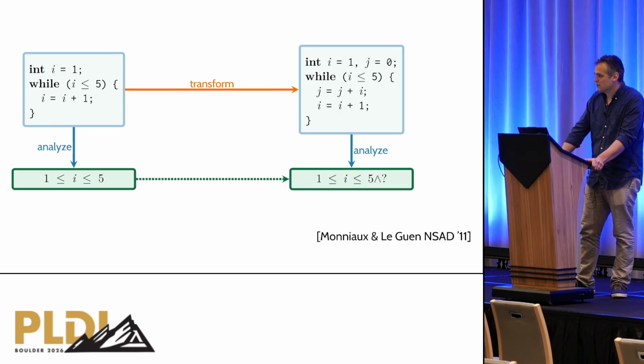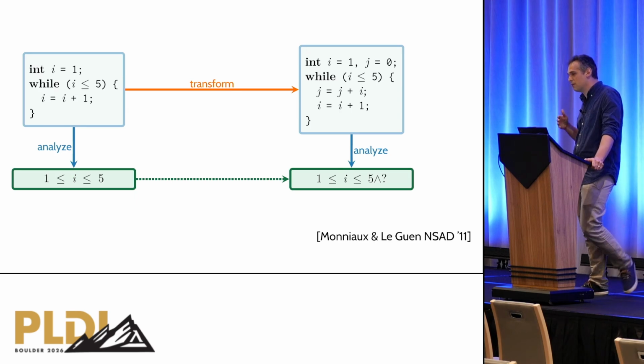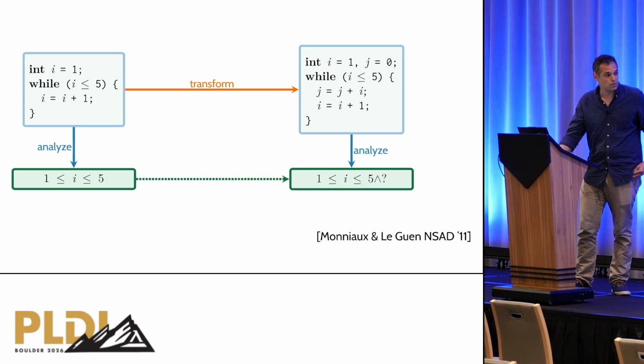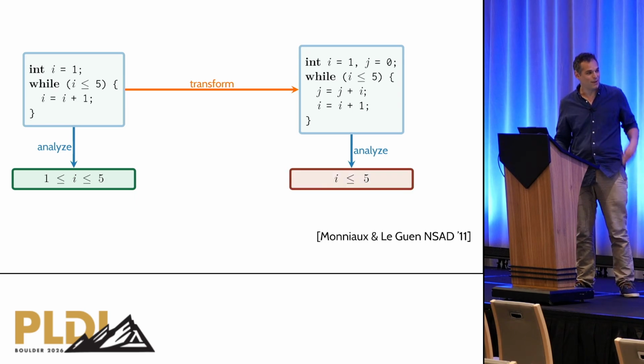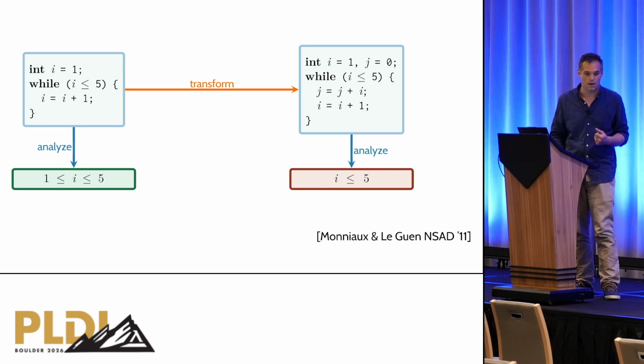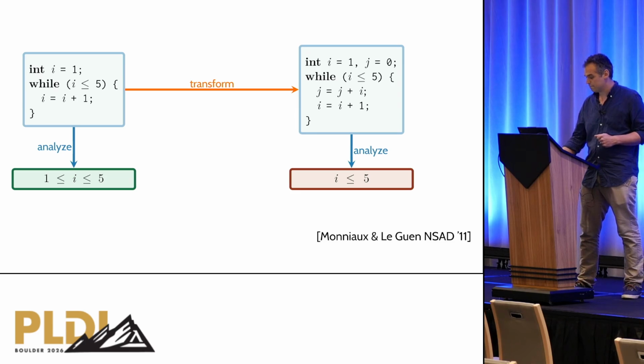So our expectation is, because I haven't changed the computation of i at all, I should still be able to prove the same interval that I had before. But as observed by Miné and Logozzo, in fact, just by inserting this j variable, I can no longer prove the lower bound on i.